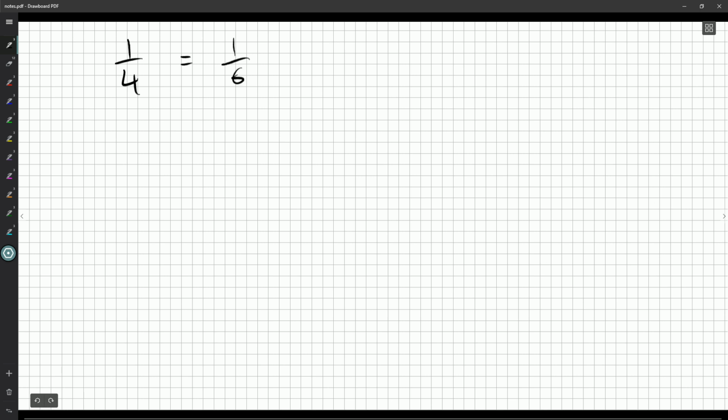Well, we could just rearrange the equation. I'll bring the x over to the other side. Actually, you know what? We could even bring the 1/6 over to the other side as well. And then, well, what's 1/4 minus 1/6? Get a common denominator of 12.